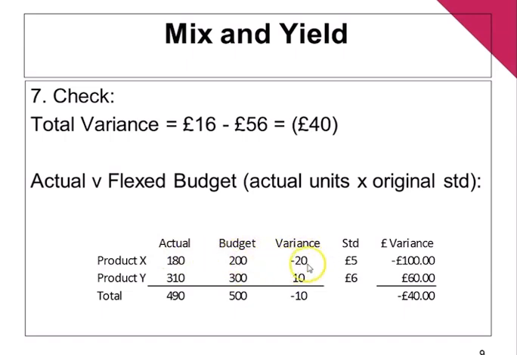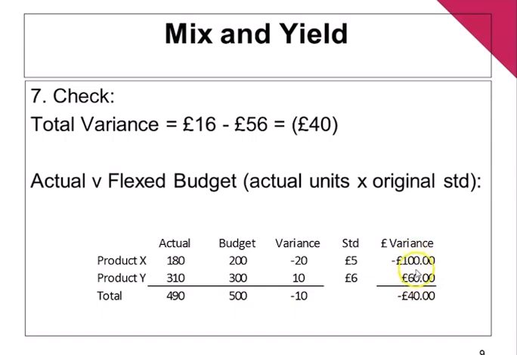Obviously it's less than we expected to sell, times your standard profit, gives you a loss there. Product Y, same thing. We actually sold 310. We were expecting to sell 300, so we've gained in units, times your standard profit, gives us £60.